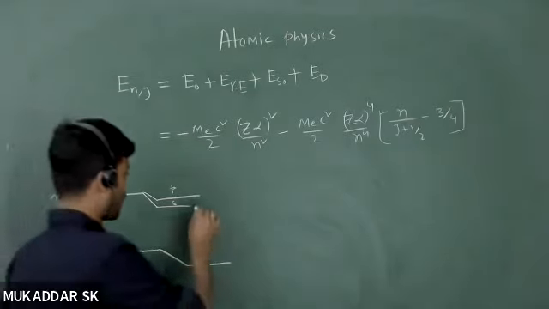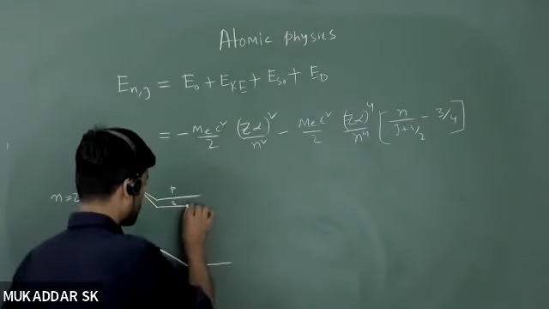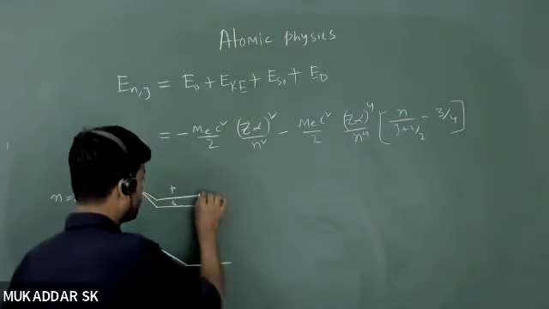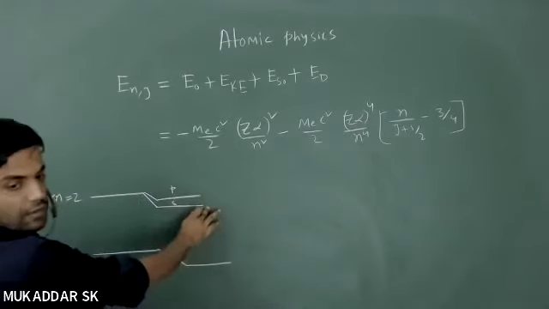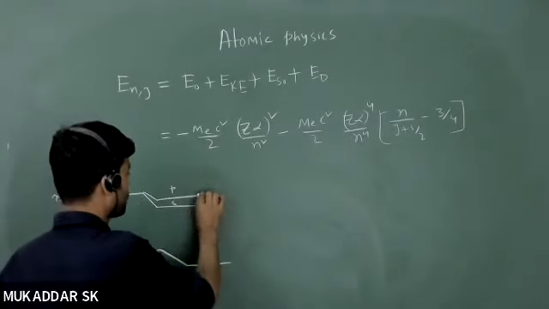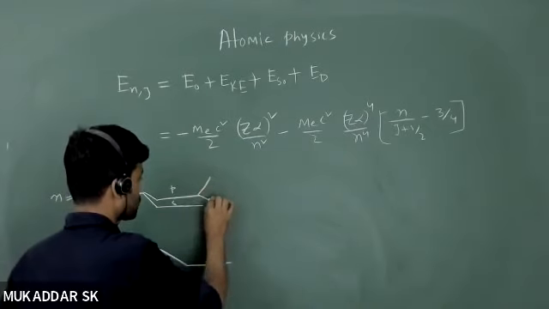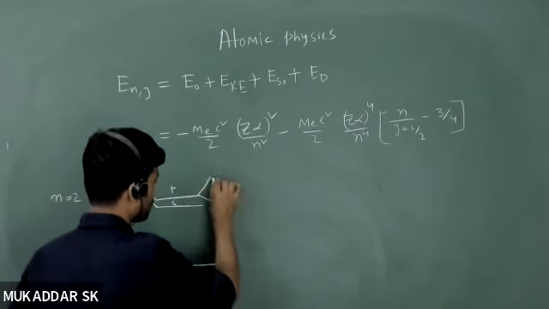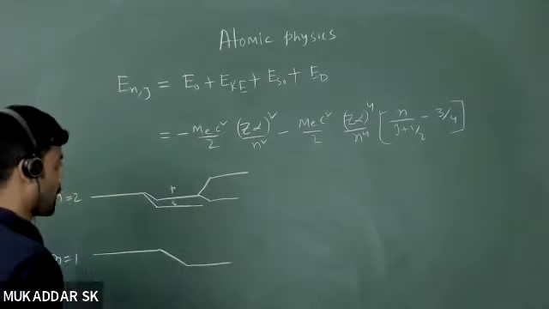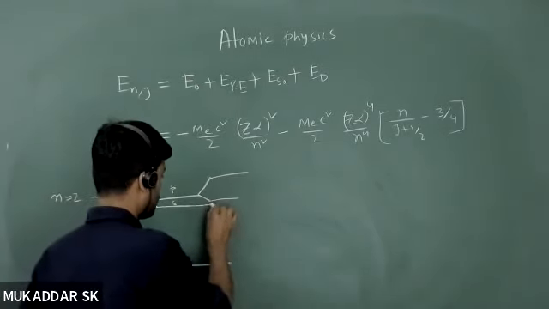Okay. So now after spin orbit correction, there will be no change in the S orbital energy, but there is a change in the P orbital energy. And this will be like this only.